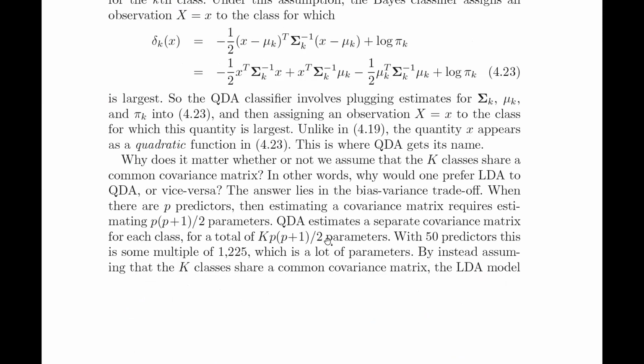When there are p predictors, then estimating a covariance matrix requires estimating p(p+1)/2 parameters. Do you know why this is true? It's basically the area of a triangle. If this is your sigma matrix, think of it as p values by p values.